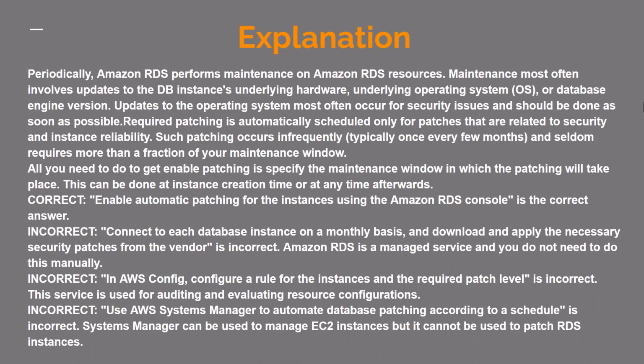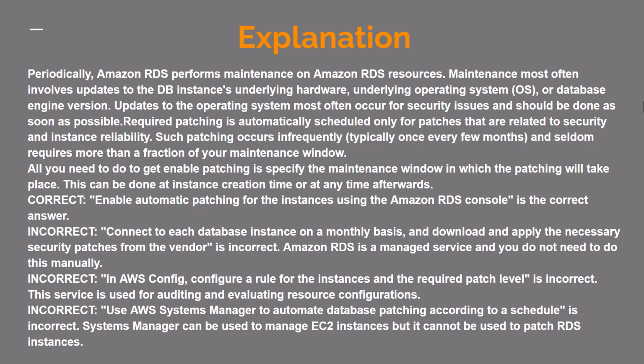Explanation. Periodically, Amazon RDS performs maintenance on Amazon RDS resources. Maintenance most often involves updates to the DB instances, underlying hardware, underlying operating system (OS), or database engine version. Updates to the operating system most often occur for security issues and should be done as soon as possible.